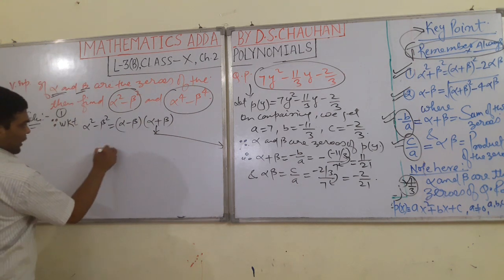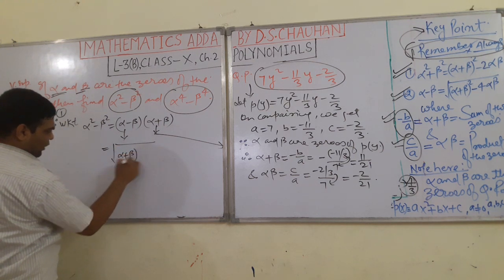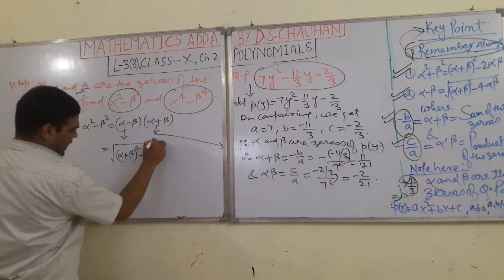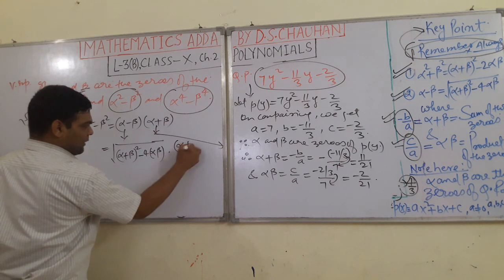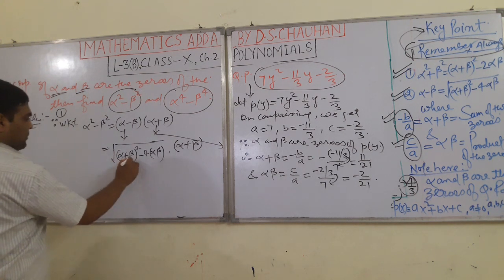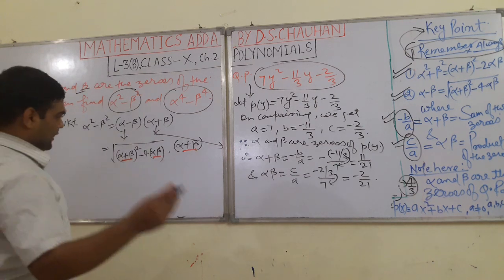It is alpha plus beta to the whole square minus 4 alpha beta, as you have seen in the previous question. Now we know alpha plus beta and alpha beta, so we put the values and we can get the answer.